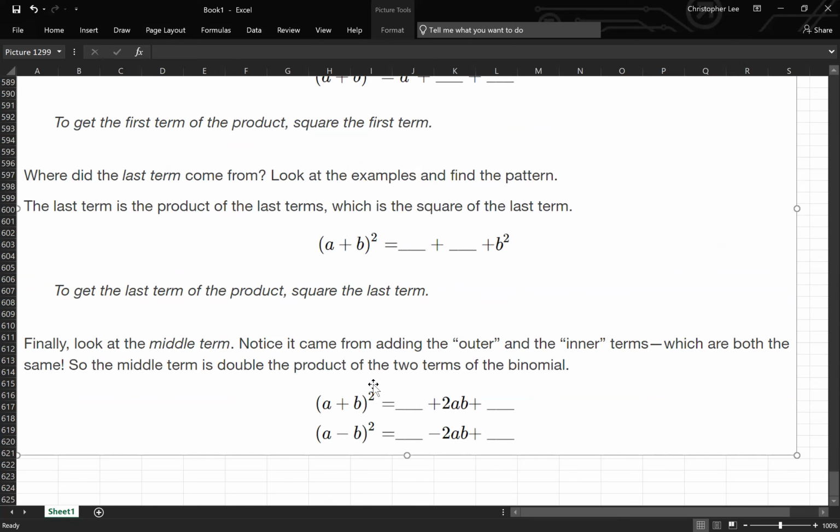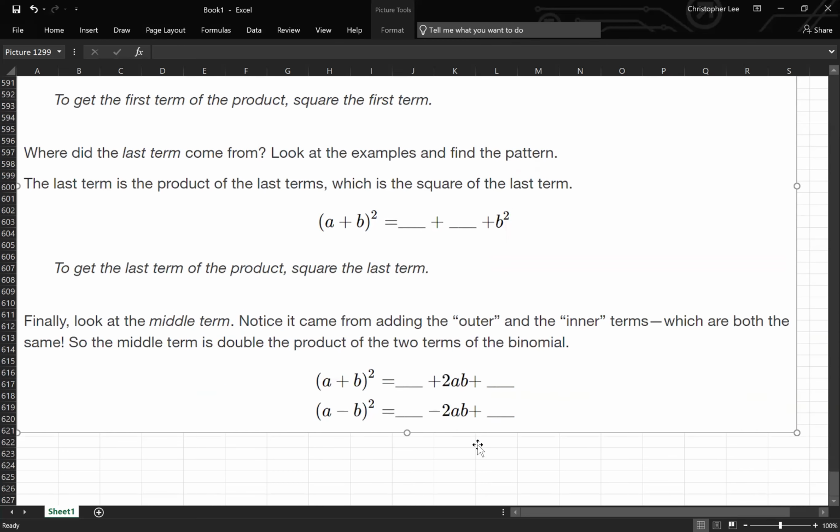Finally, look at the middle term. Notice it came from adding the outer and the inner terms, which are both the same. So the middle term is double the product of the two terms of the binomial, right? So for a plus b squared, you get positive 2ab, and for a minus b squared, you get negative 2ab.